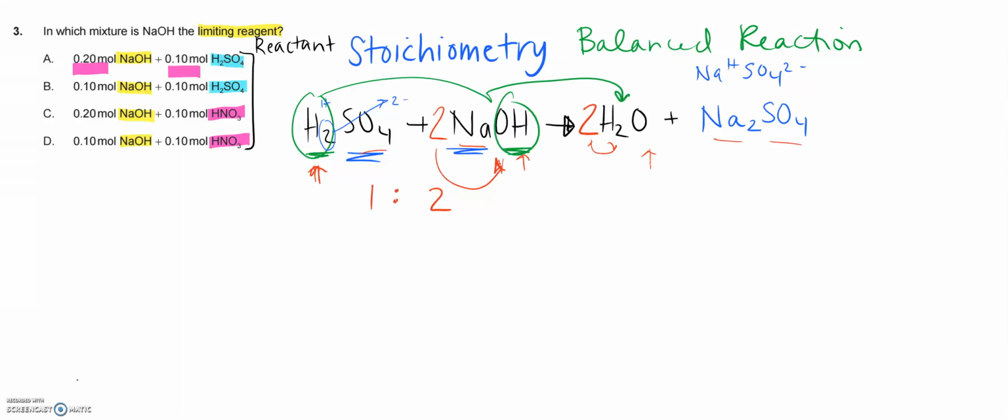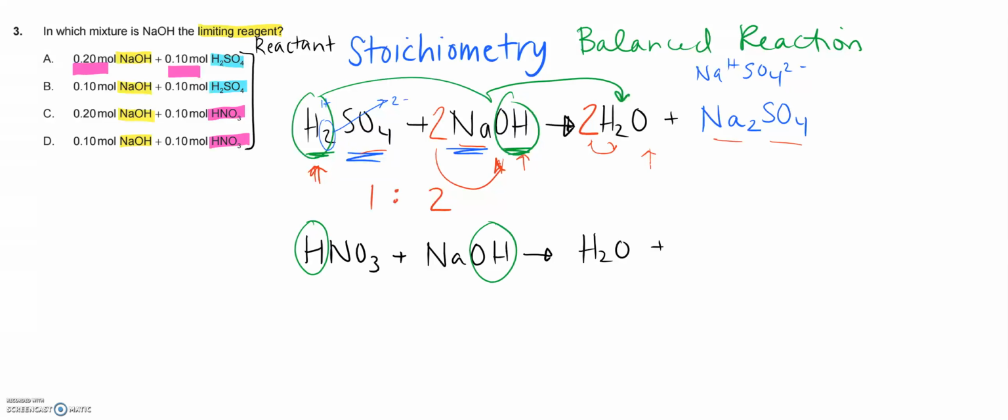Okay, my next part is looking at my second equation, and again it's an acid. HNO3 is nitric acid. HNO3, this time reacting with NaOH, it's going to form again water plus the salt, the leftover stuff. So this time my hydrogen and my hydroxide formed water there.